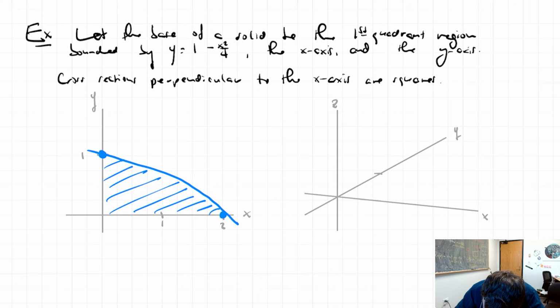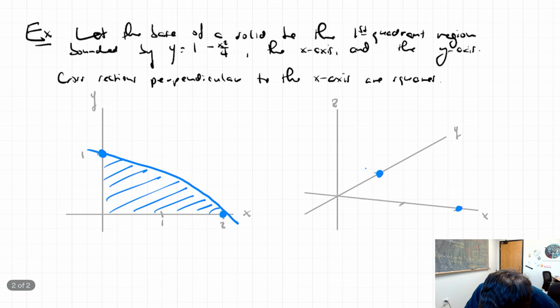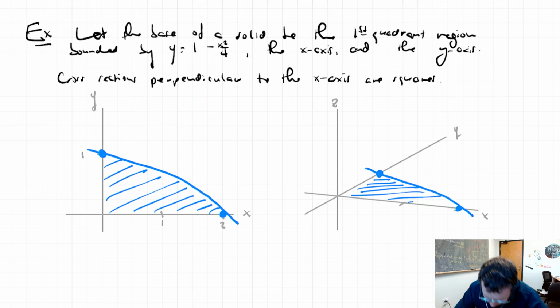So I'm going to sketch this region of the plane. So there's the region, and then they're telling me about cross sections perpendicular to the x-axis. Perpendicular to the x-axis is going to mean slicing it this way, and these cross sections are going to be squares.